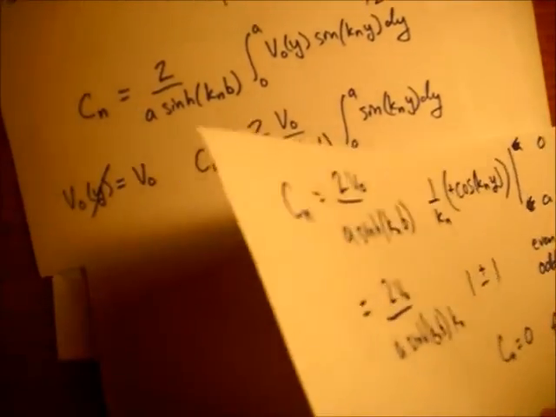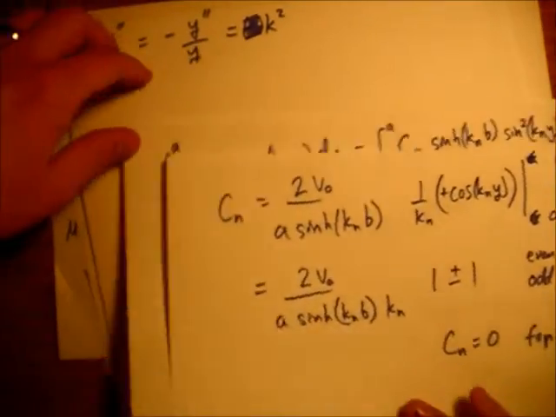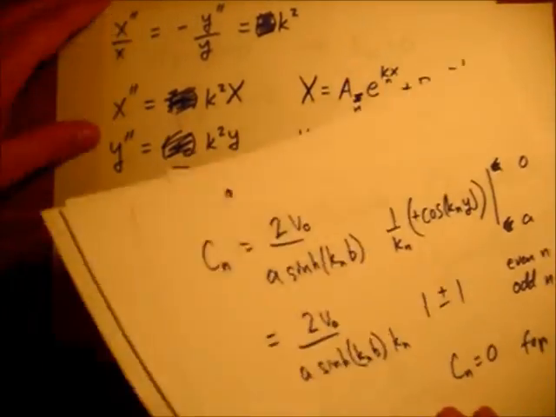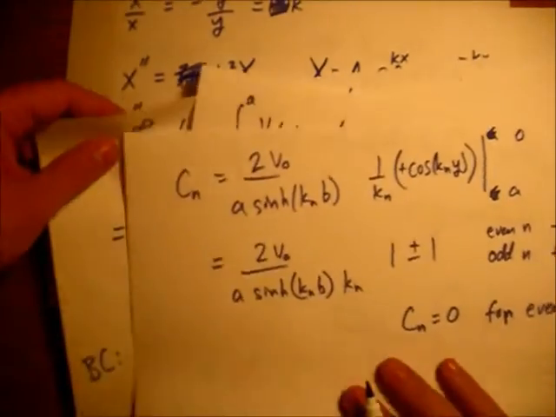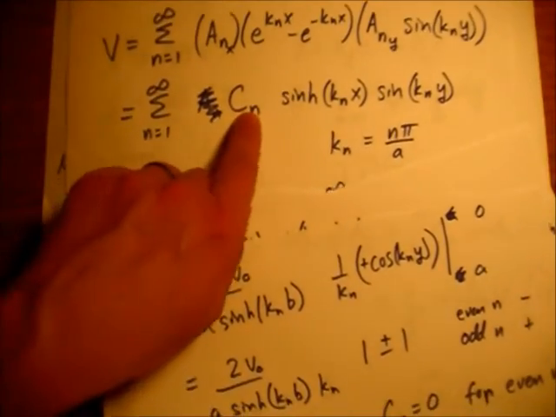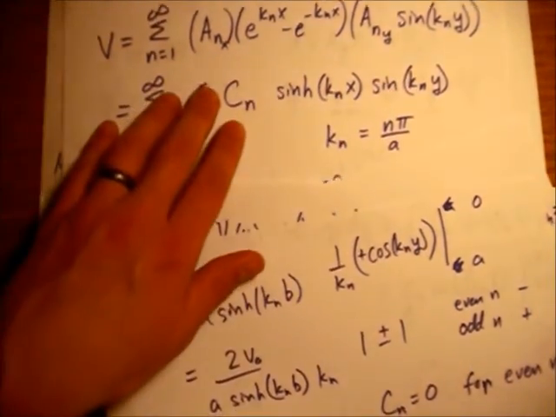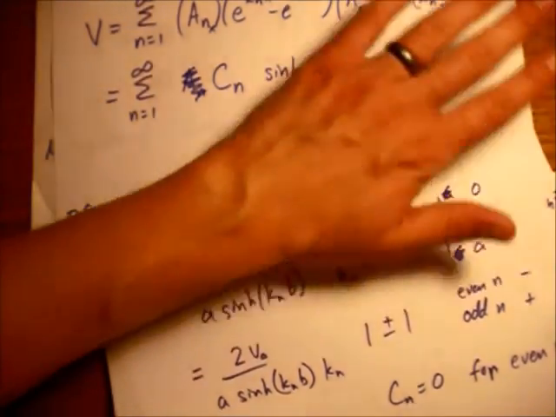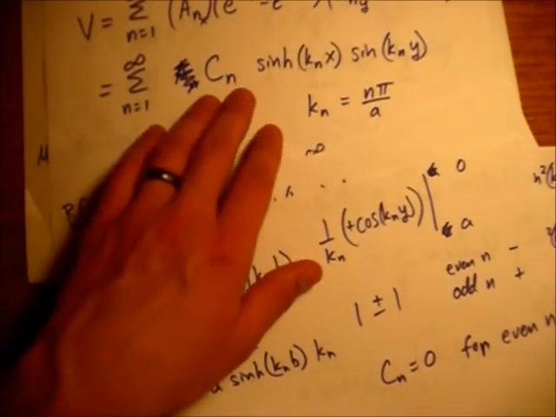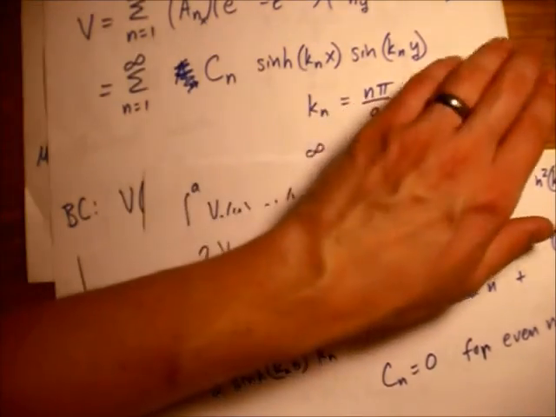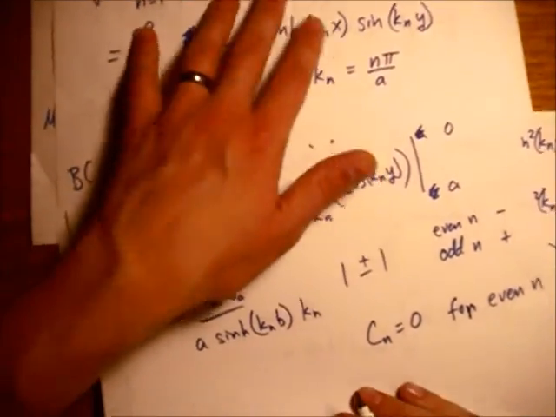which tells us that, remember Cn is, where did it all go? Somewhere here. Cn is multiplied by this whole term, right? There's nothing added on or anything beyond what's in this sum.